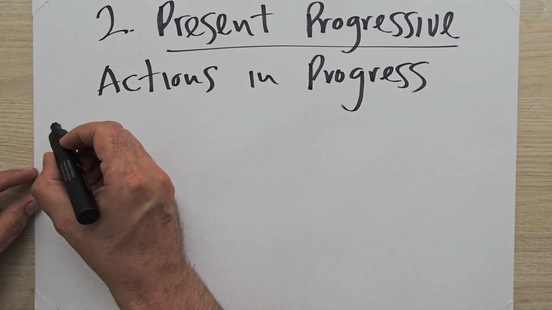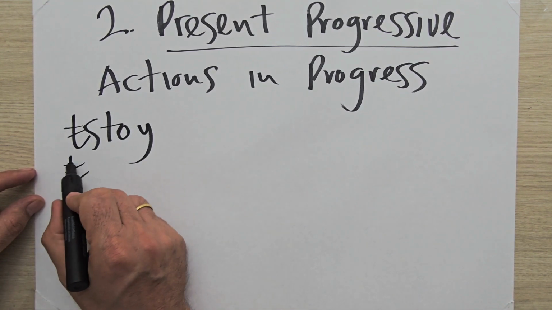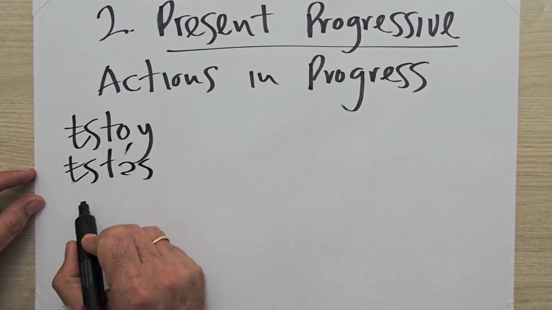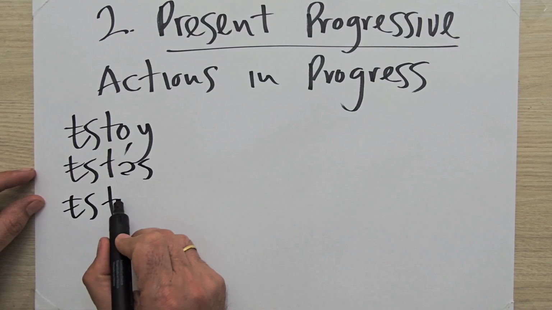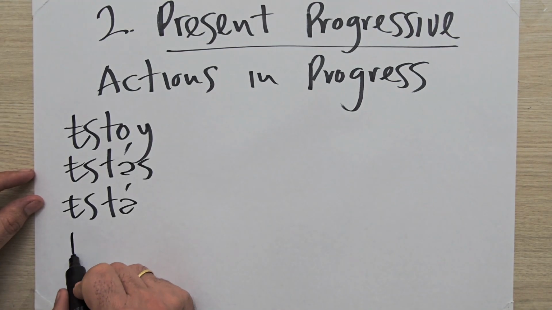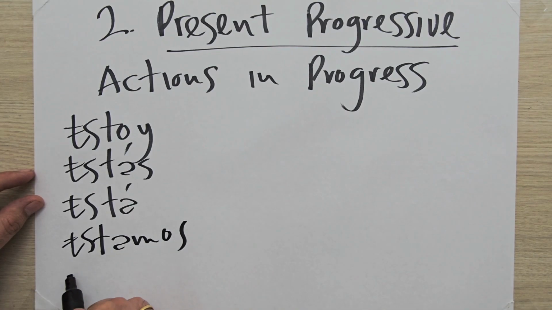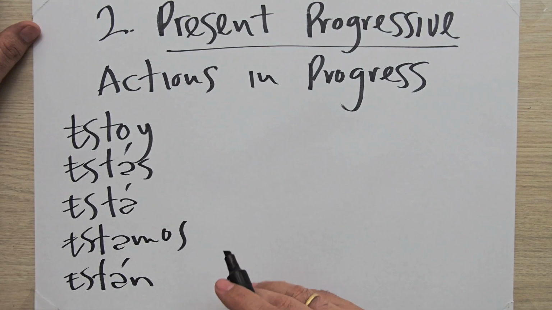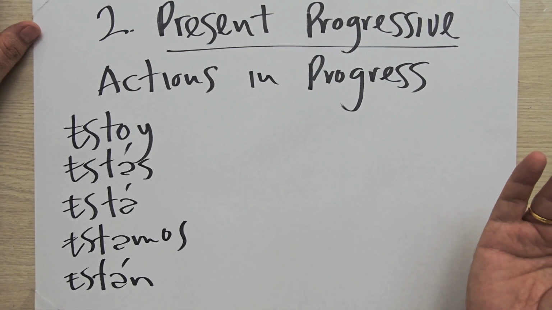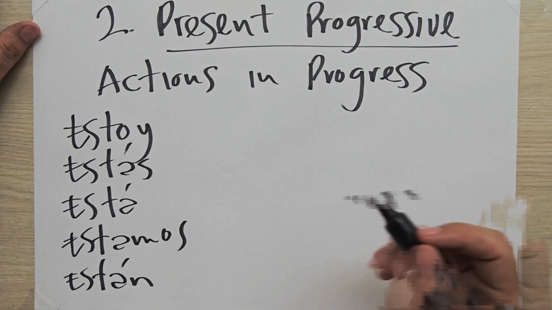So the conjugation is estoy, I am, estás, you are, está, he, she, it, you formal, estamos, we are, están, they are. And then, if it is an AR verb, you're going to switch the AR to ando ending.